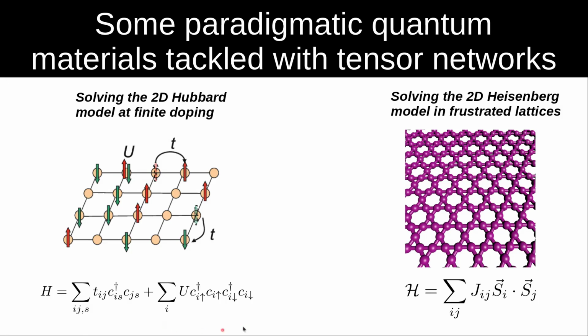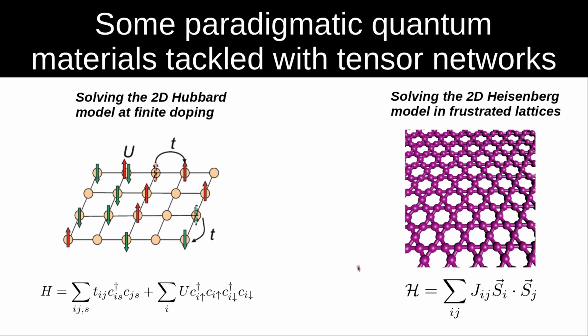And the other type of paradigmatic quantum many-body model is the two-dimensional frustrated spin models, and in particular the two-dimensional Heisenberg model, both in the triangular and Kagome lattice. And the most accurate results for these models, the results that show that we actually have quantum spin liquid physics, even when we deal with the exact solution, are also being done with matrix product states.